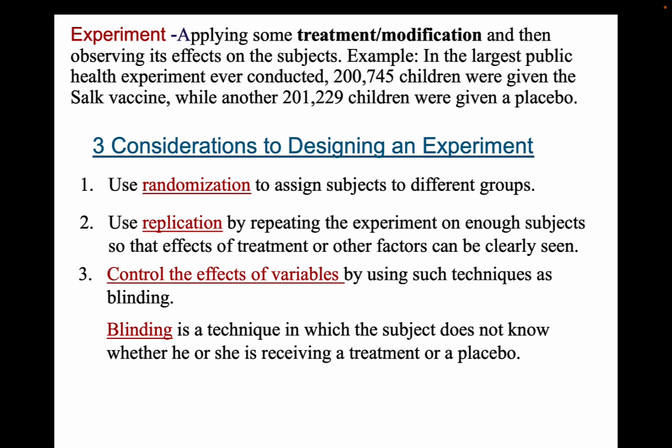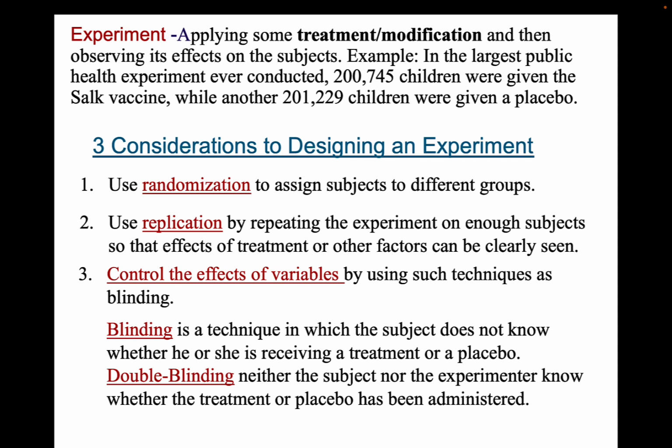And the reason for that is you're trying to control the effects of your variables. Maybe you don't want your subjects to know, oh, I just got the sugar pill, so I'm going to respond or react in a certain way. Double blinding is when neither the subject nor the experimenter knows whether the treatment or placebo has been administered.